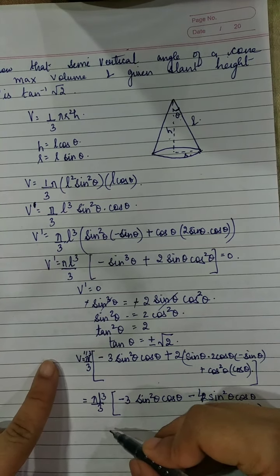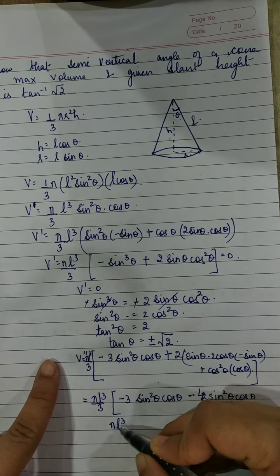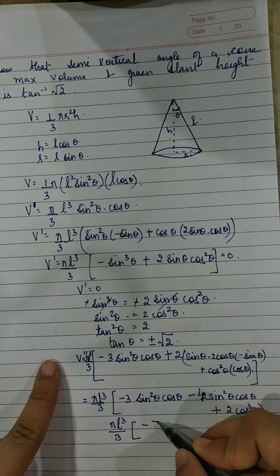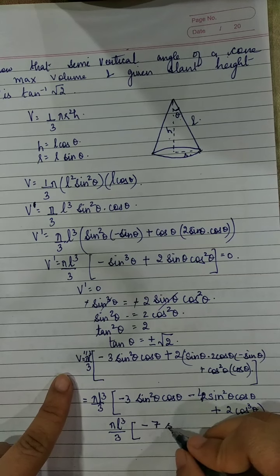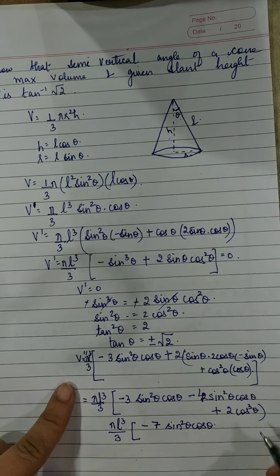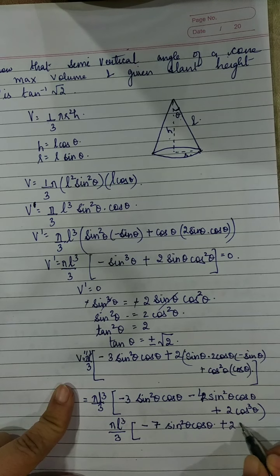Now this becomes pi L cube upon 3 times minus 7 sine square theta cos theta plus 2 cos cube theta.